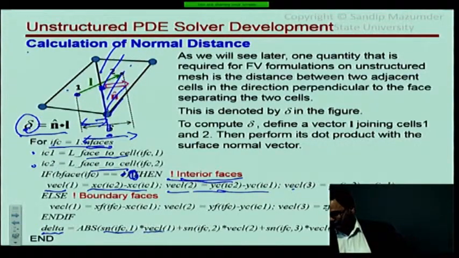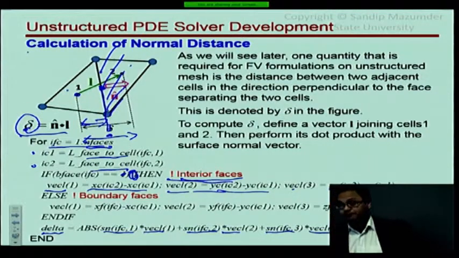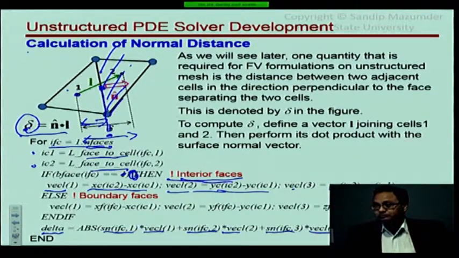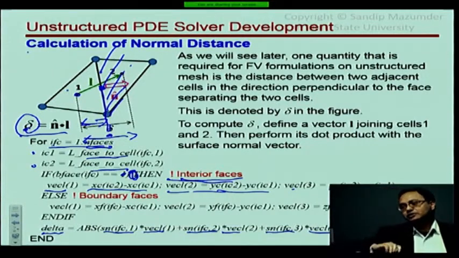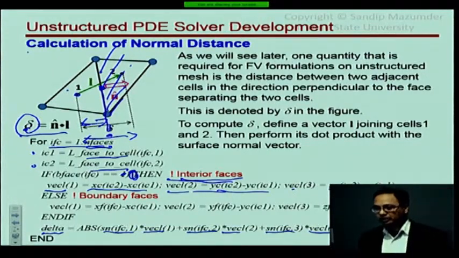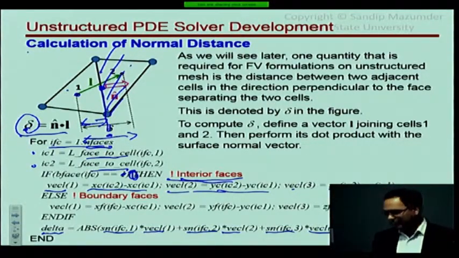This is a direct dot product, as you can see. Then we are taking the absolute value because the surface normal may be either pointing from cell 1 to cell 2 or cell 2 to cell 1. We don't know a priori. So instead of checking for the sign of the surface normal, we want to just store the distance, so we're simply taking the absolute value of that dot product.